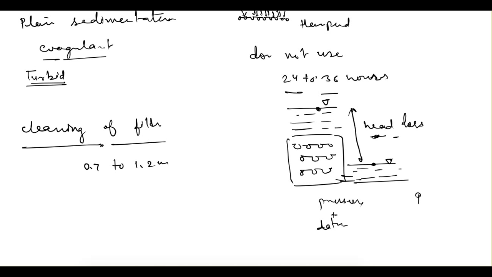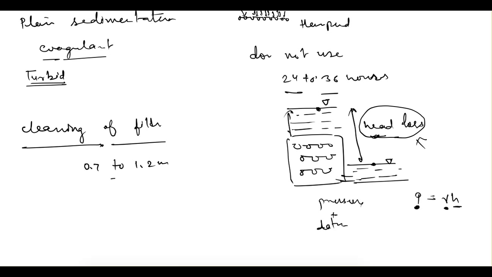Because you remember from statics that P is equal to gamma into H, so from here we can represent the pressure in terms of height, and that's what we do. If you want to convert this height into pressure, we just have to multiply with the unit weight of water. That way we can find the energy loss, which we normally call head loss. More about this we'll see in fluid mechanics.